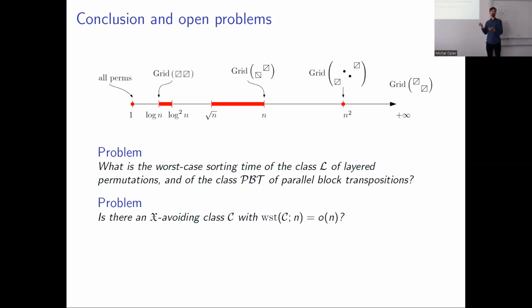So we have an upper bound of log squared n, we don't have a lower bound better than log n, and it seems like an easy, straightforward question that doesn't need any of these hard grid classes, but we've been unable to obtain an answer. We'd be very happy if someone did. Yeah, and that's all. Thank you.